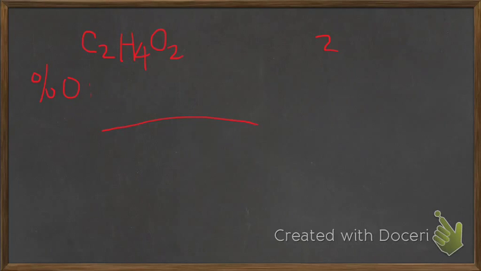So we're going to have 2 times 12.01 plus 4 times 1.01 plus 2 times 16.00. So let's enter those numbers into our trusty calculator: 2 times 12.01 plus 4 times 1.01 plus 2 times 16. We get 60.06.